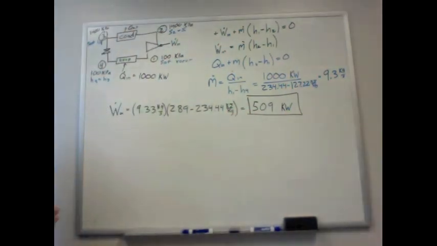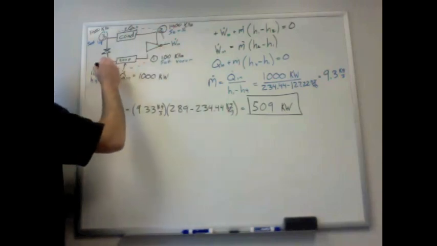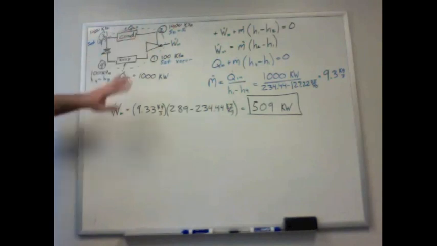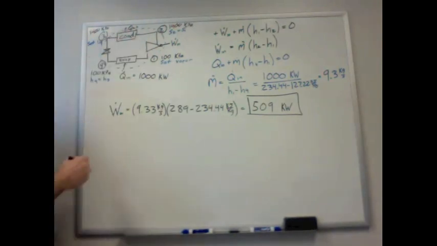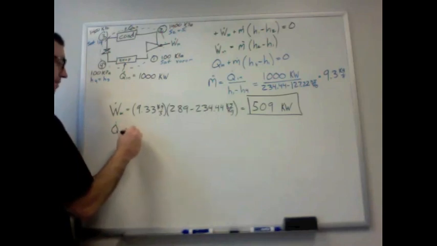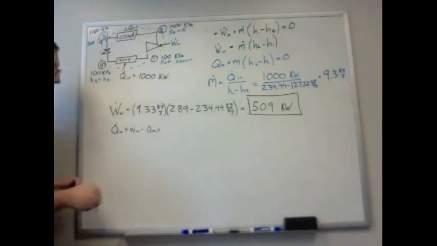Next question is how much heat is being rejected? If I treat the entire refrigeration system as my system, I get the energy balance of Qin plus work in minus Qout, and this is a steady system, so it equals 0.